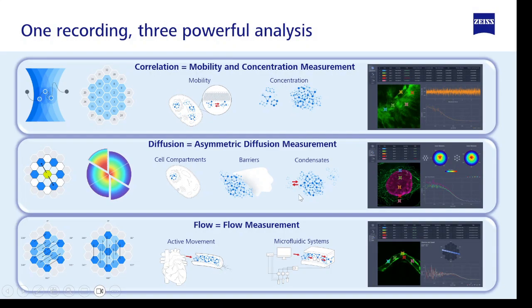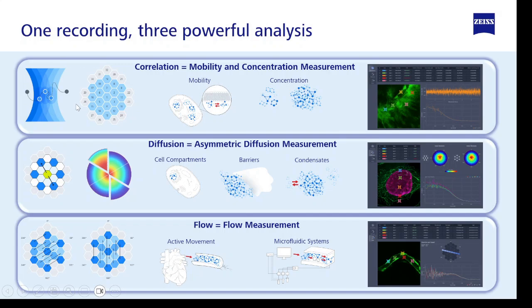So in summary, in Dynamic Profiler, from one recording you can have 3 powerful analyses. You can get the information of molecular concentration and mobility. You can get the information of asymmetric diffusion measurement, like the different molecular behaviors in cell compartments, barriers, and condensates.